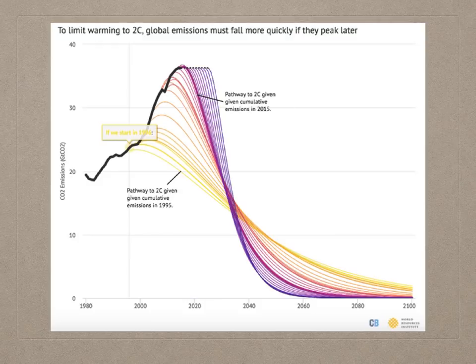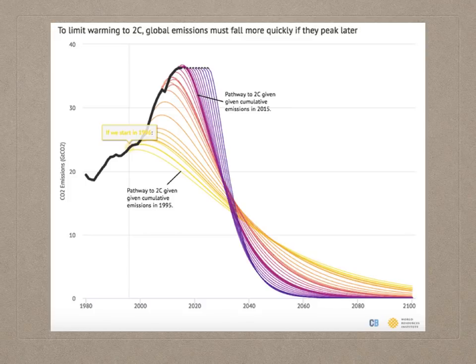And the other curves, the yellow, red, and blue curves, are all scenarios that keep the global temperature to 2 degrees warming by 2100. So these are projections of what we would have to do with our emissions scenarios to make sure that the planet doesn't warm more than 2 degrees by the year 2100.